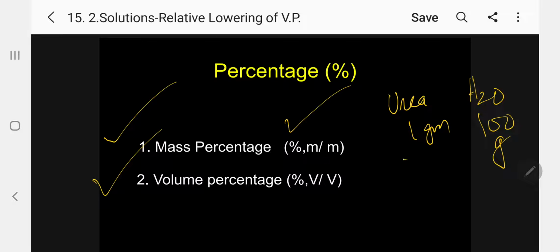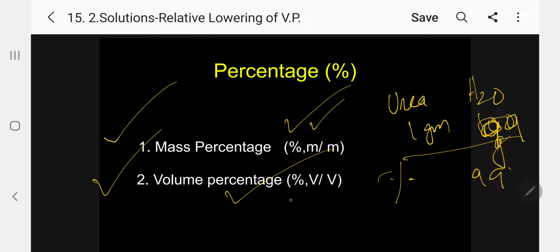Both I will give in terms of percentage. This is 1% and this is 99% in mass. That is the mass percentage.